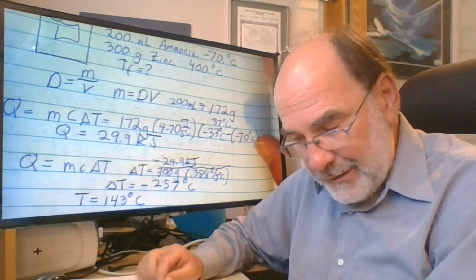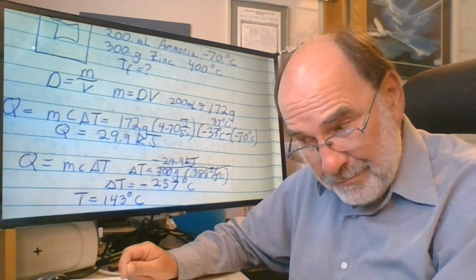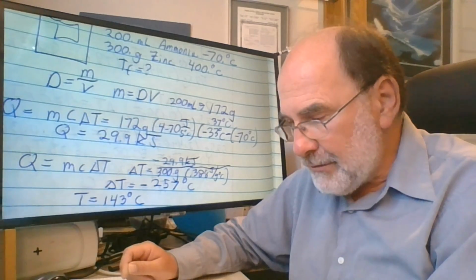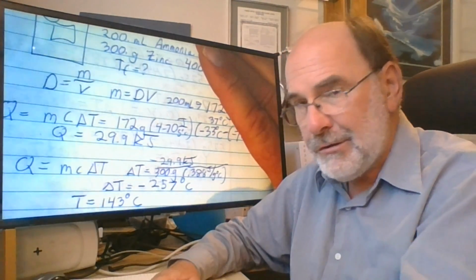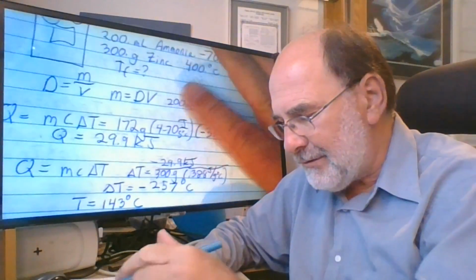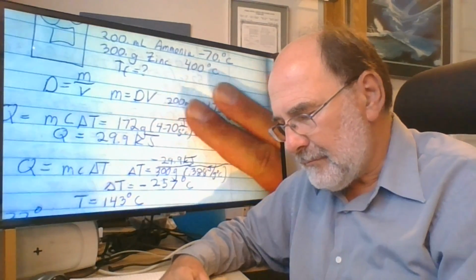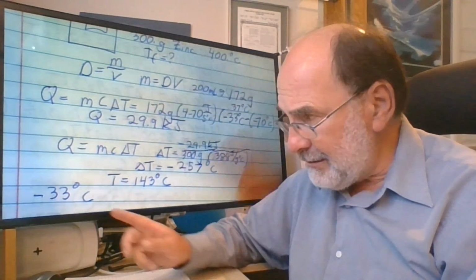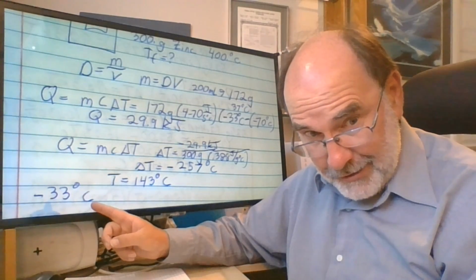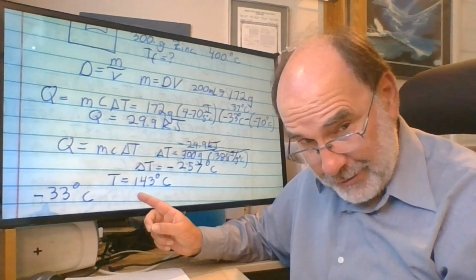When the ammonia heats up by that amount of heat energy, it will have reached its boiling point. So the ammonia is now at the temperature of boiling ammonia, which is negative 33 degrees. So the ammonia is boiling in a liquid state at negative 33 degrees, and the zinc has cooled down to 143 degrees.